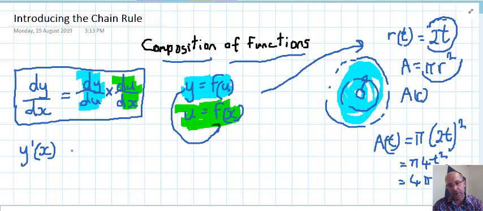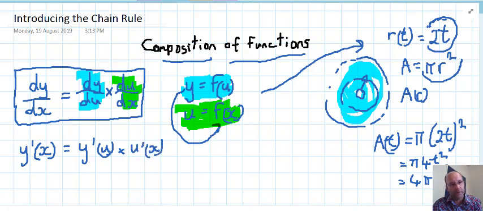So y'(x) equals y'(u) times u'(x). Can you see the link with what's written above? Hopefully you can. There and there, color coordinated. That's no accident.